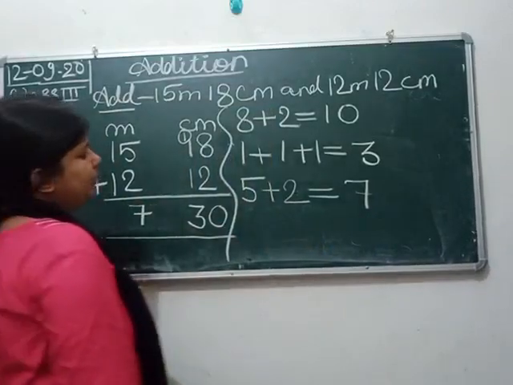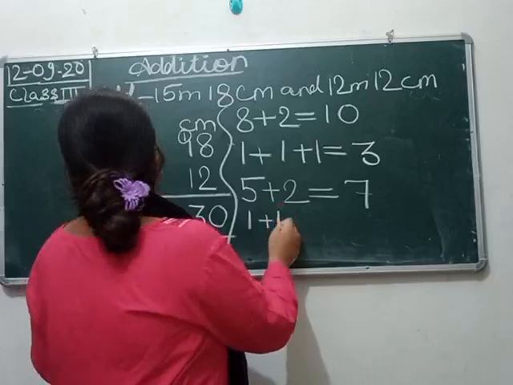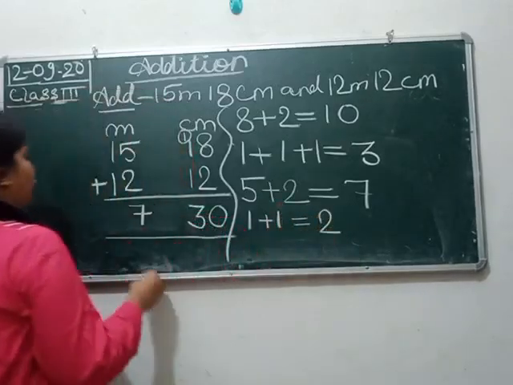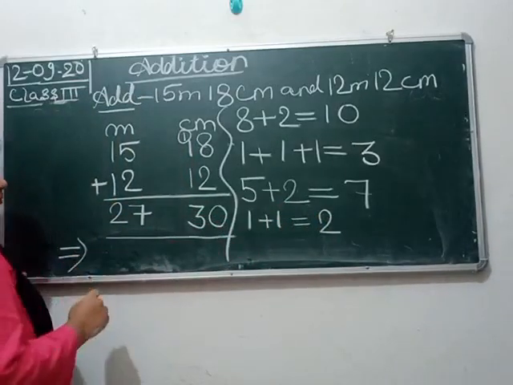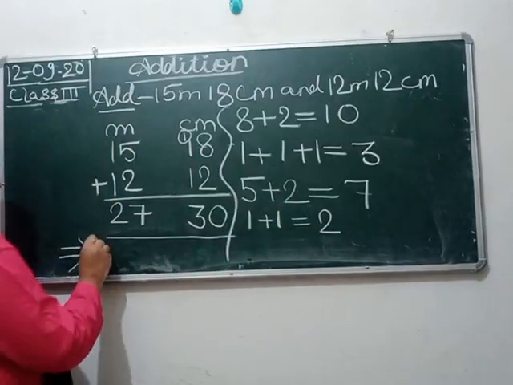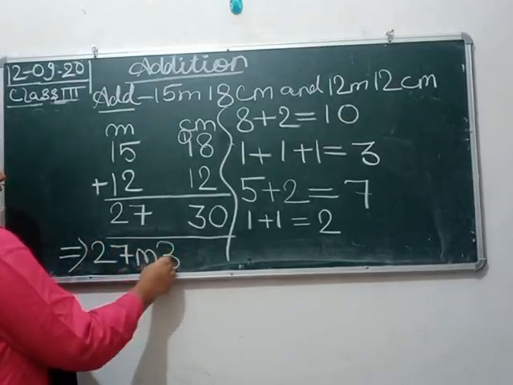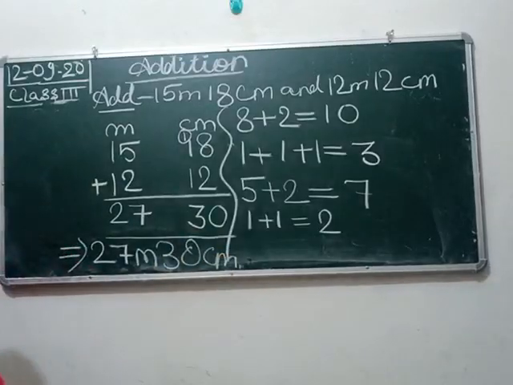And at the last place of meter we have 1 plus 1, which together gives us 2. So my answer for this question is 27 meter and 30 centimeter.